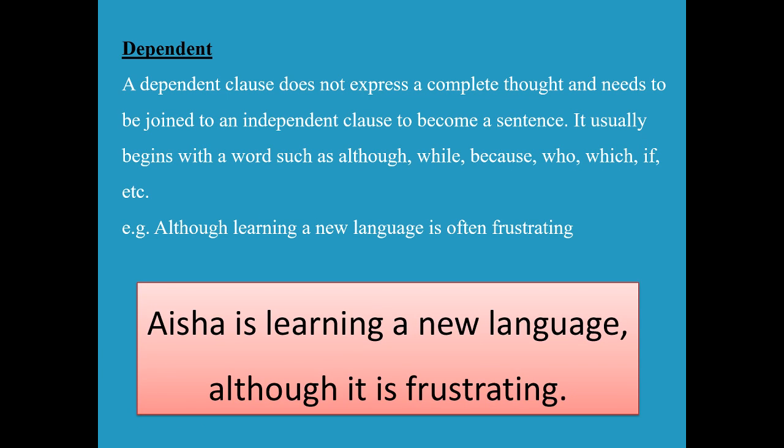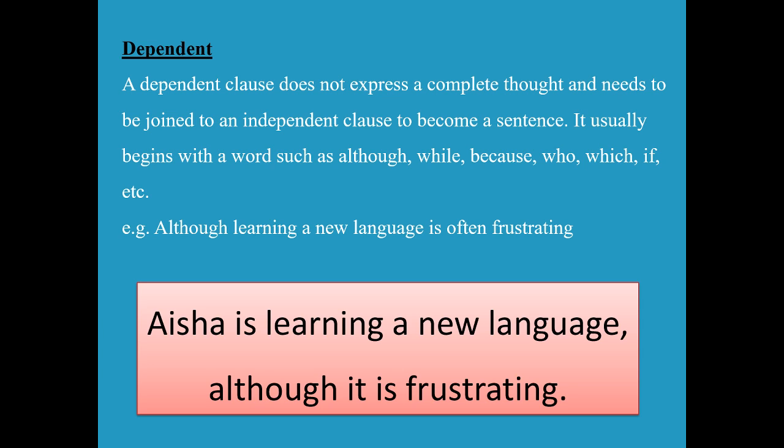A dependent clause does not express a complete thought and needs to be joined to an independent clause to become a sentence. It usually begins with a word such as although, while, because, who, which, if, etc. For example, although learning a new language is often frustrating, up to there, that is a dependent clause.